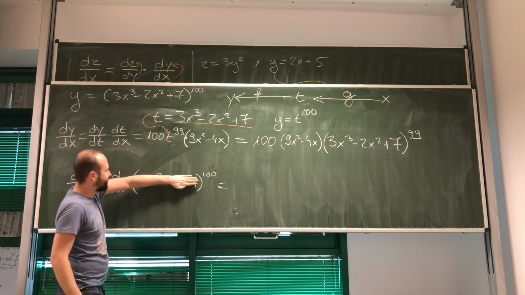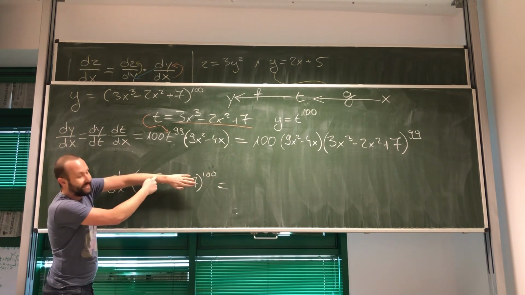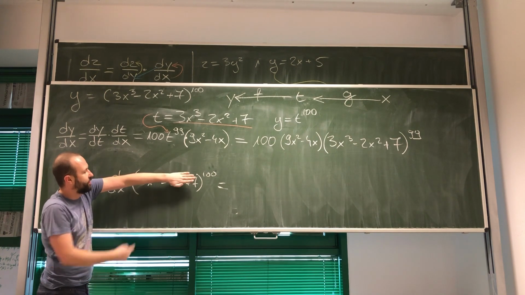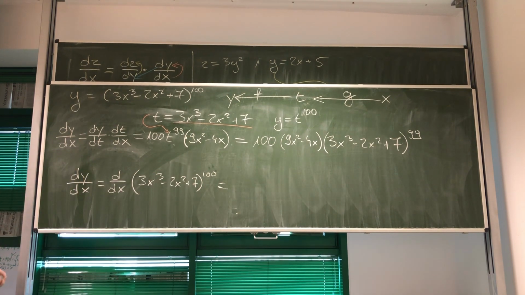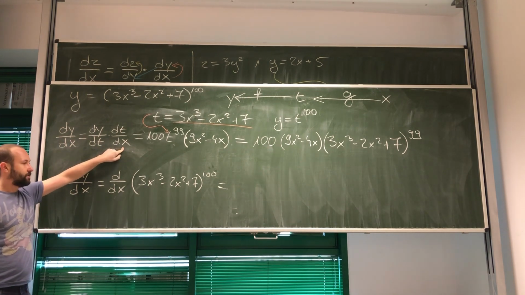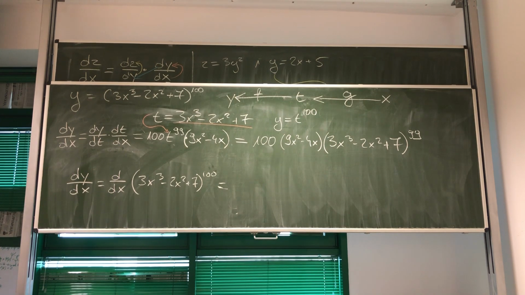Because we can imagine that this is some number, like t, right? It is some variable, like t. So the rule that we get from this is that it is equal to the derivative of the outside function times the derivative of the inside function. Okay, how do we do it then?